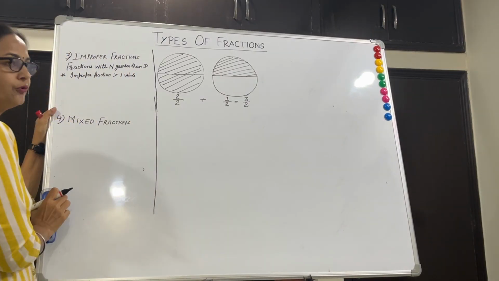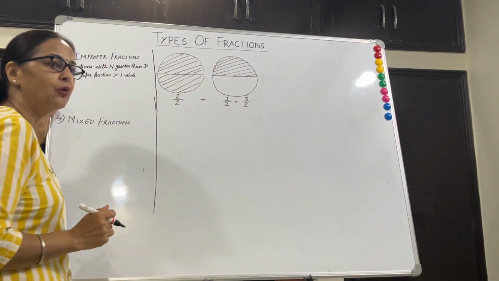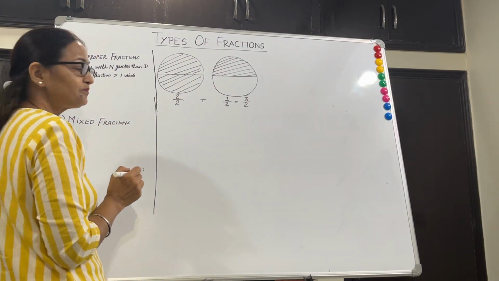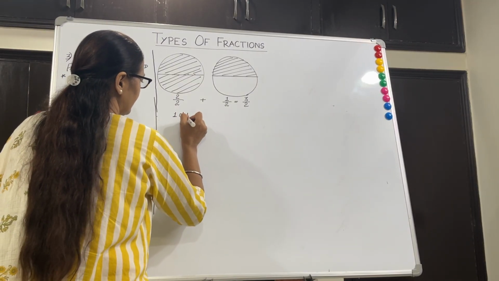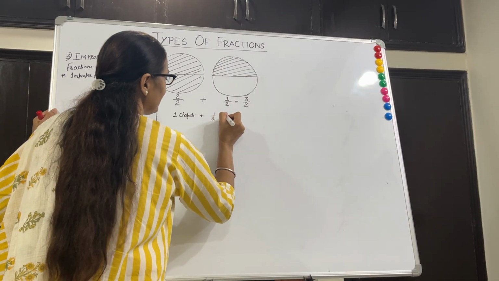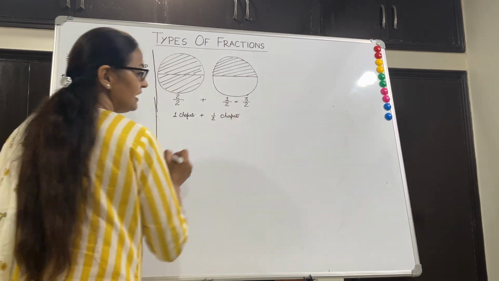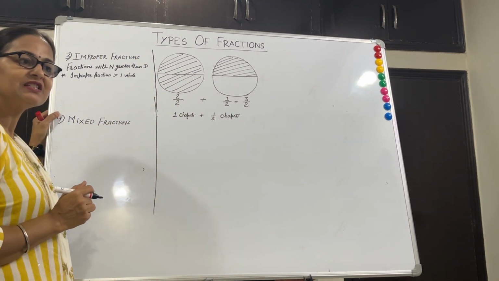Like in this example, I've told you that this is one whole, this is half of a whole, and here you have eaten one full chapati, okay? And here you eat half of a chapati, isn't it? So how much total chapati have you eaten?